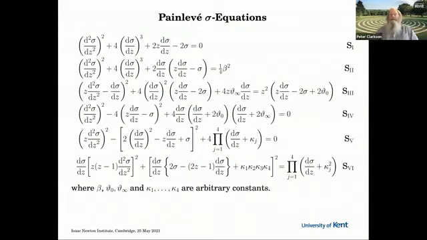And it's often actually the sigma equations that arise in the applications more than the Painleve equations in many respects. For example, in random matrices and orthogonal polynomials, these equations regularly arise.